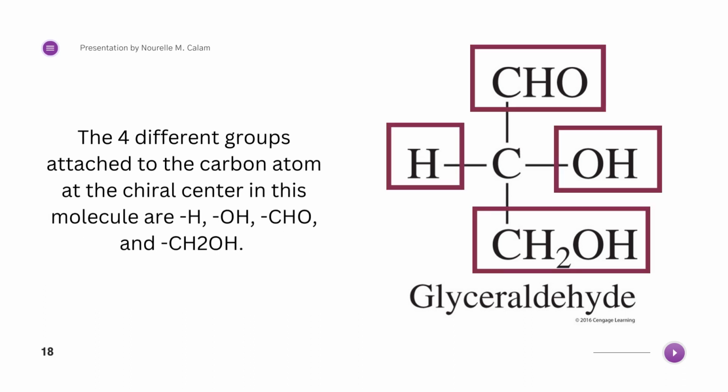I have boxed the four different groups that are attached to the carbon center of glyceraldehyde. The four different groups attached to the carbon atom at the chiral center in this molecule are first hydrogen. We have an OH at the right side, CHO at the upper hand side, CH2OH below the carbon atom.